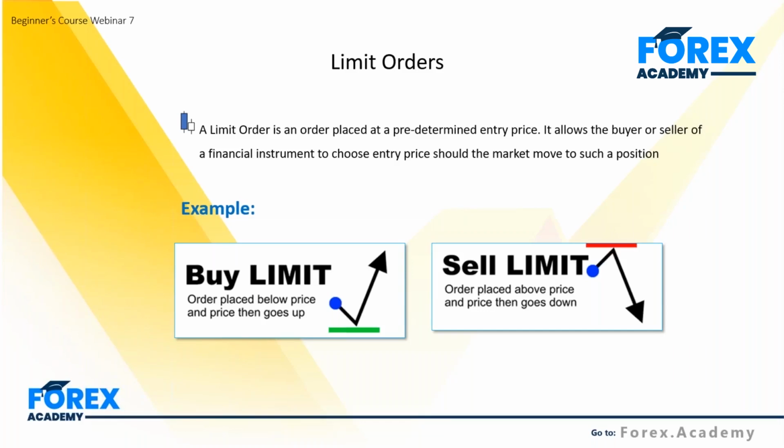Let's start with the buy limit order. The order is placed below price and the price then goes up. So let's just discuss this for a moment. We are trading, what should we choose? Should we choose the oil market just because it's quite known to us, guys? Of course, we'll use the oil market. So we're trading oil at the moment.